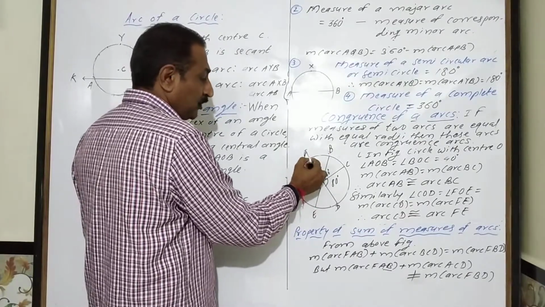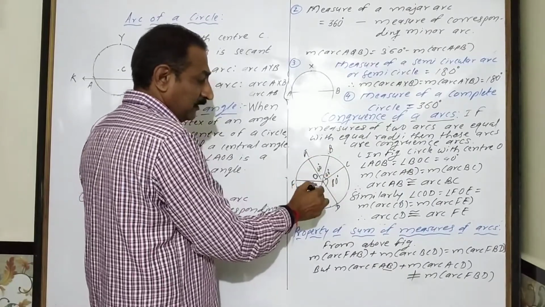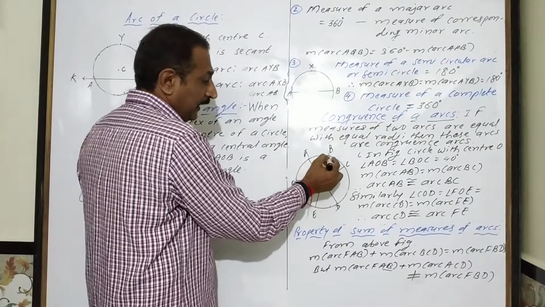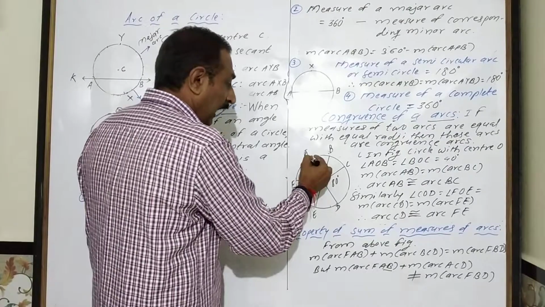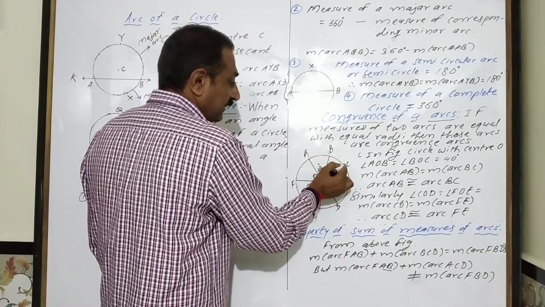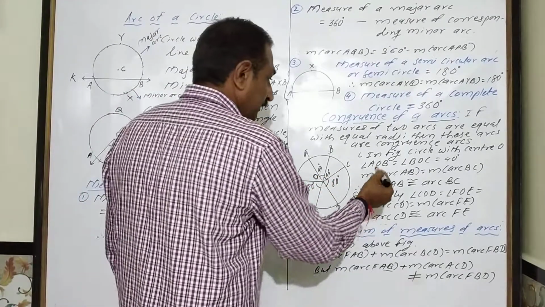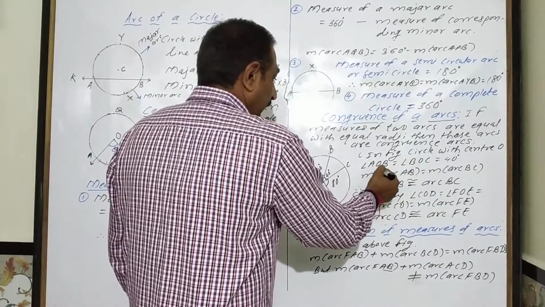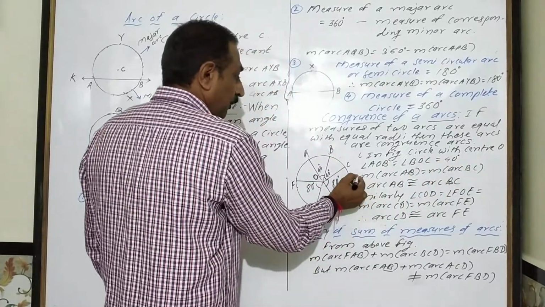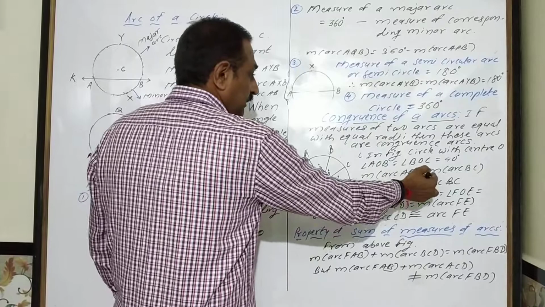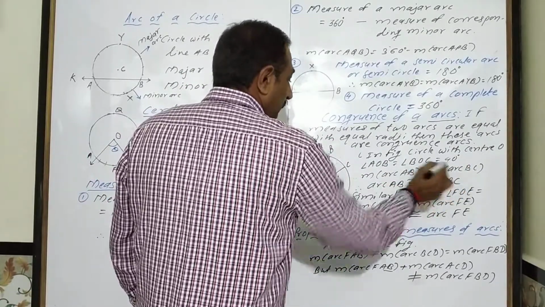Hence, measure of arc AB is also 40 degrees. Angle BOC is a central angle. Its measure is 40 degrees. Hence measure of arc BC is also 40 degrees. Means arc AB and arc BC are congruent arcs. Hence I write here in the figure, angle AOB is equal to angle BOC is equal to 40 degrees. Therefore measure of arc AB is equal to measure of arc BC. Therefore arc AB is congruent to arc BC.